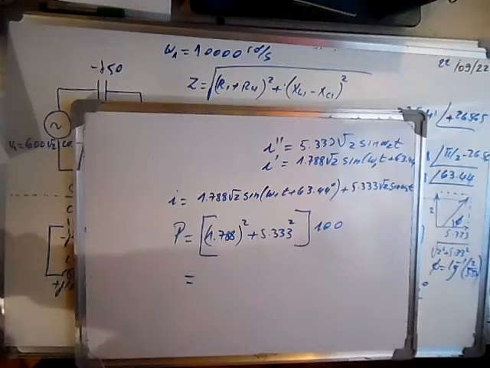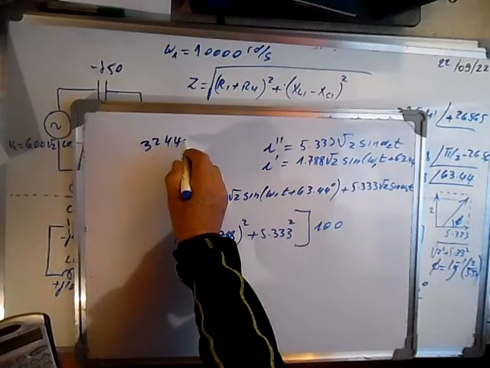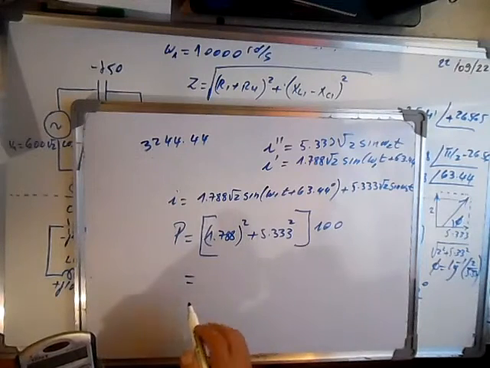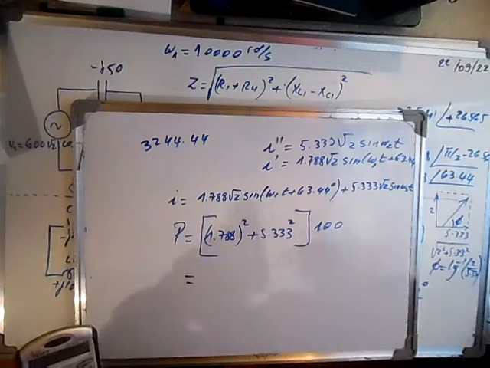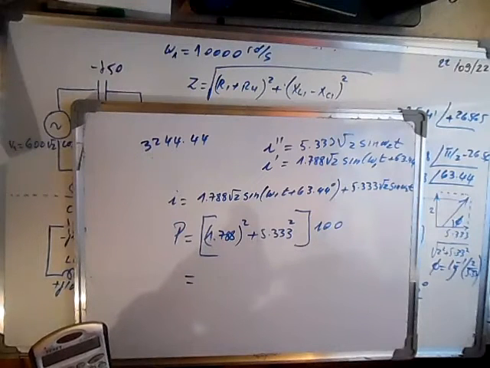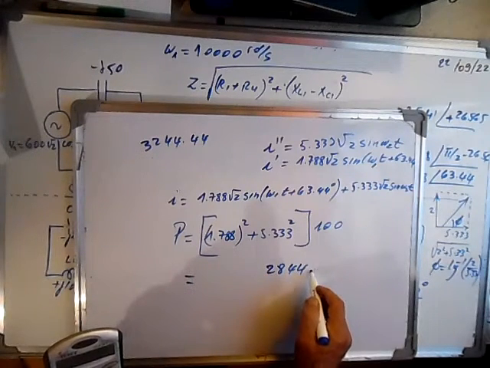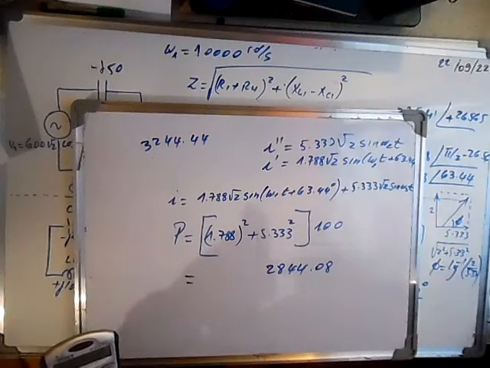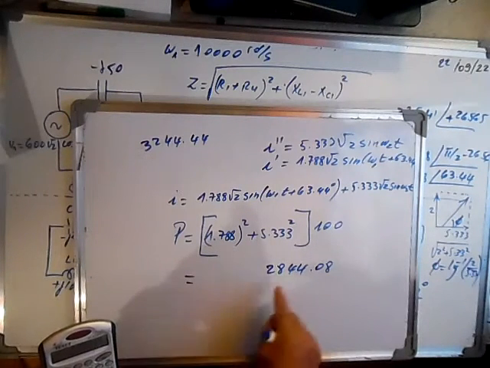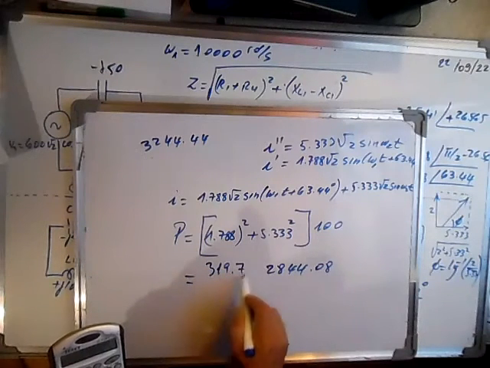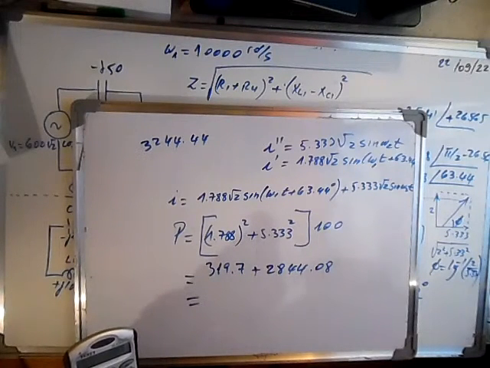So the power will be, before it was 3244.44, and now it will be 5.333 squared times 100, which is 2844.08, and here 1.788 squared times 100, it's 319.7, and the total power will be 2844.08 plus 319.7.